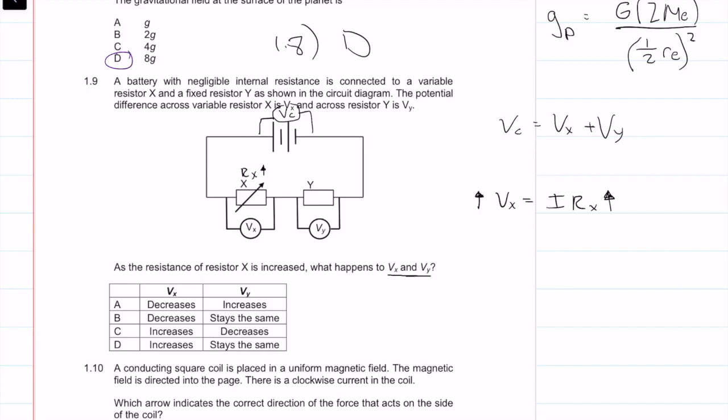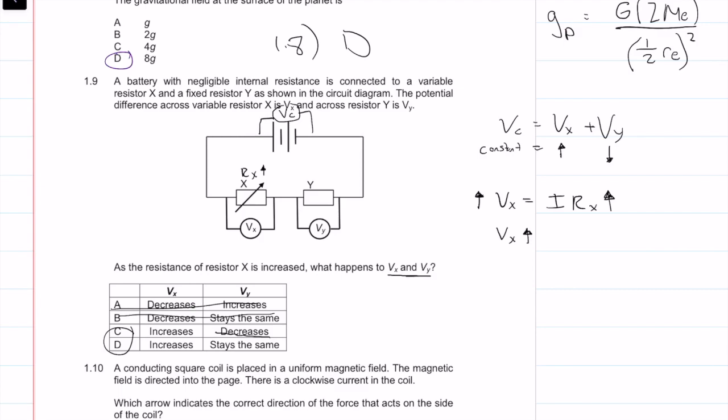So Vx must increase, so we're left with C and D. If Vx goes up, remember that the voltage of our circuit is constant. So if Vx goes up, then Vy must go down in order for it to remain constant. So Vy goes down, so our answer is C.